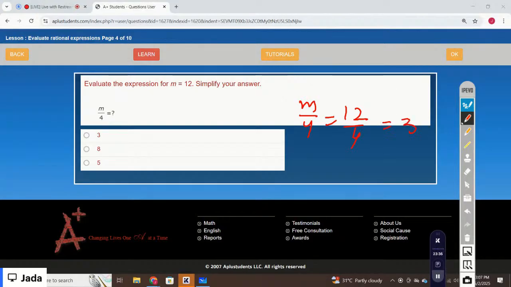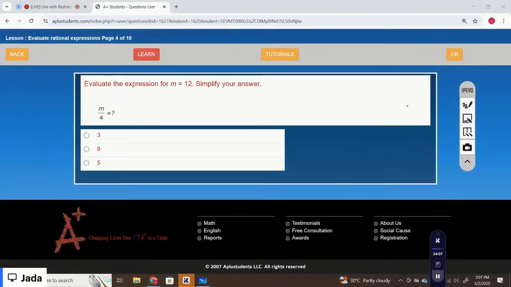Option number 1 is the correct option, that is 3.